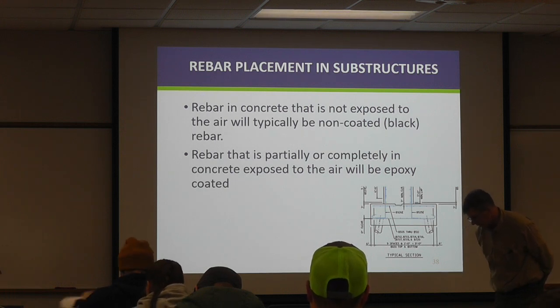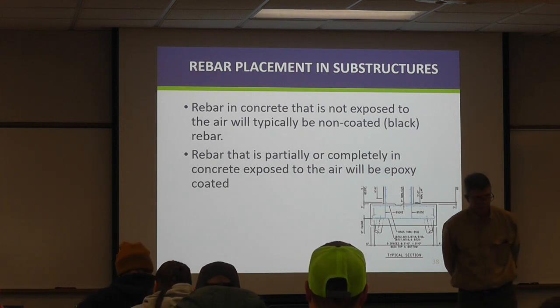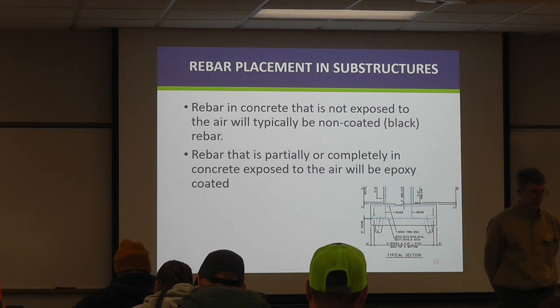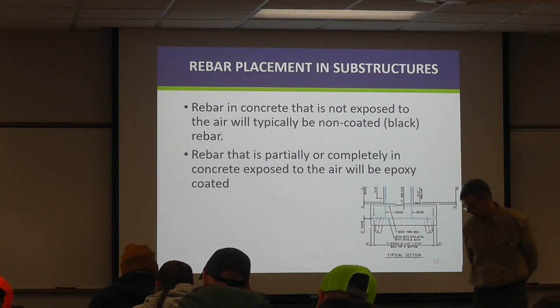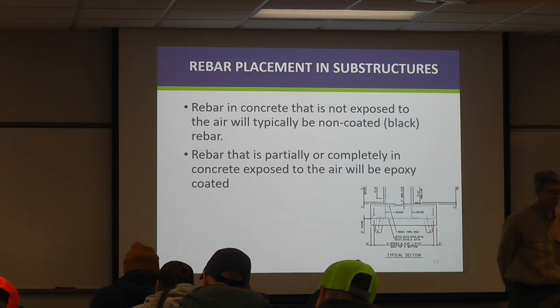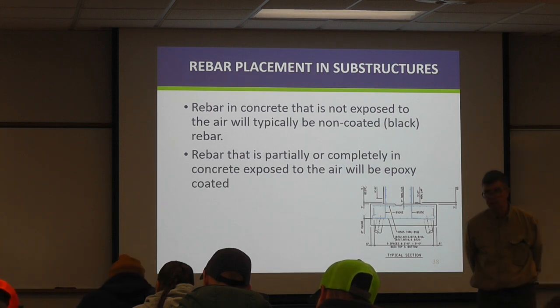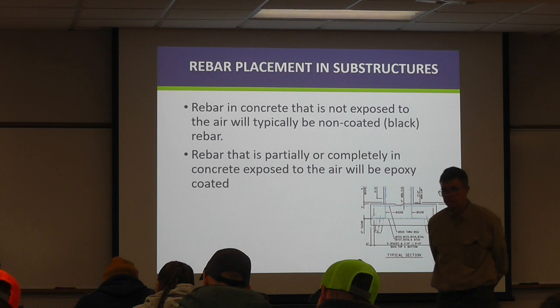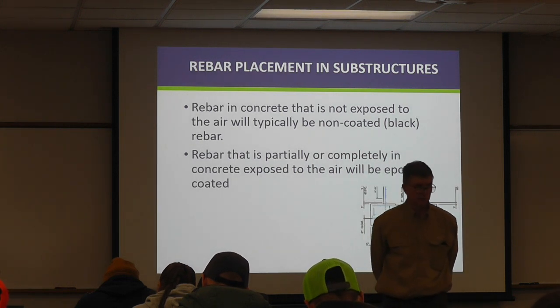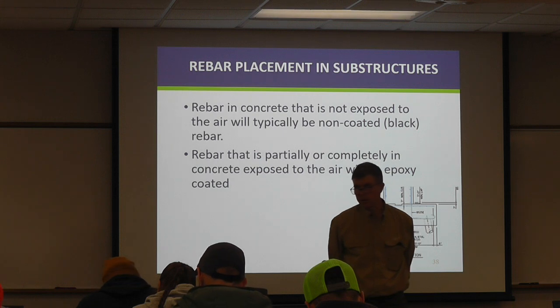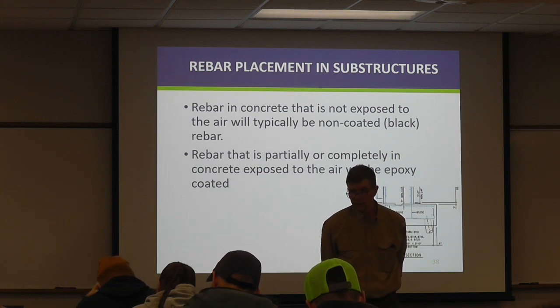South abutment reinforcement. What's the first bar in our bill of reinforcement for the south abutment that's a footing bar? B601. You see there's no E at the end, so that means it's an uncoated or black rebar.